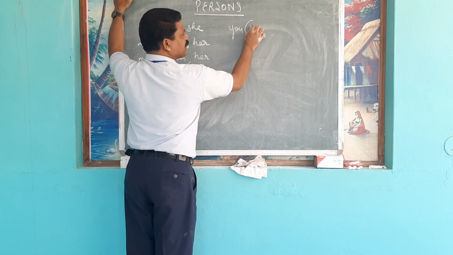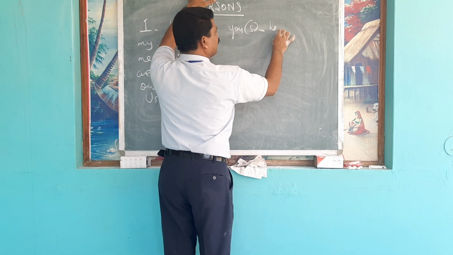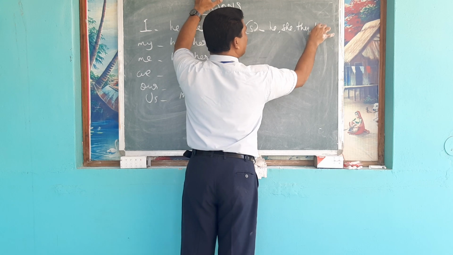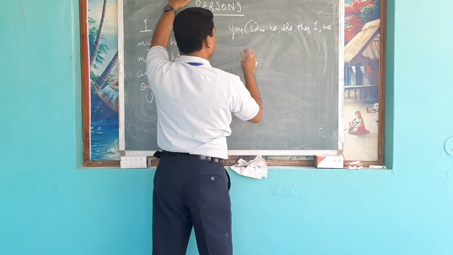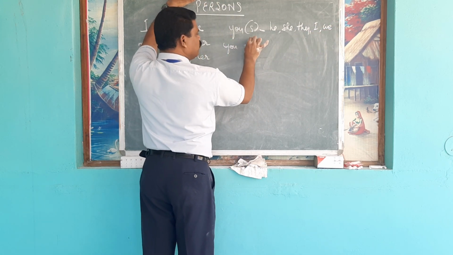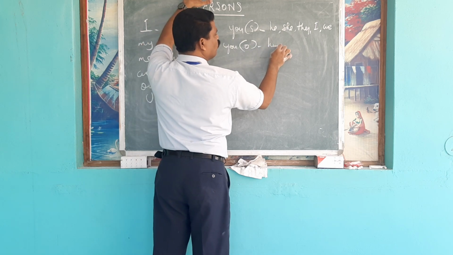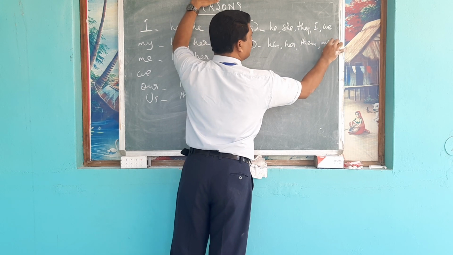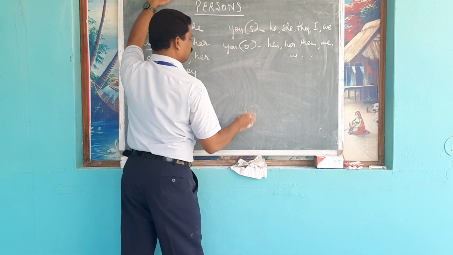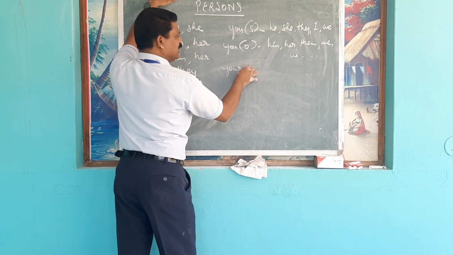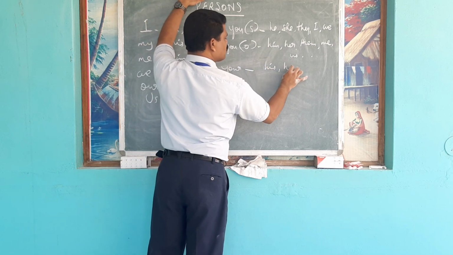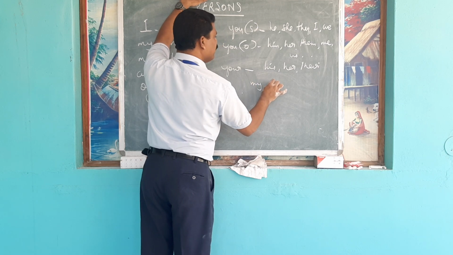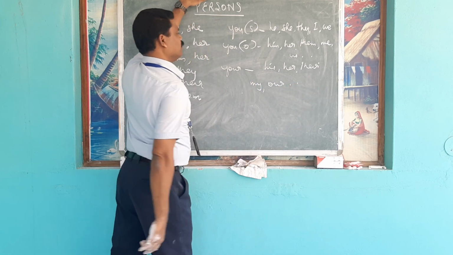You, अगर सब्जेक्ट है तो will change into he, she, they, I, we, etc. You as an object will change into him, her, them, me, us, etc. Your will change into his, her, their, my, our, etc.